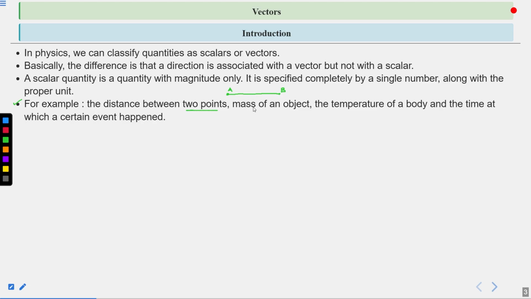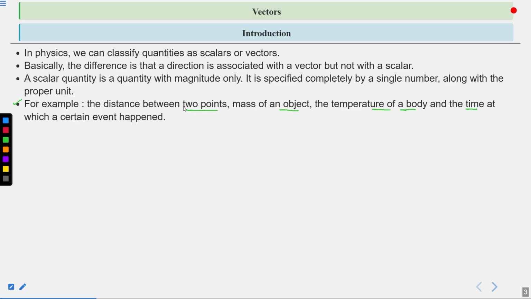Another example is the mass of an object, the temperature of a body like 10 Kelvin, 5 Kelvin. 5 shows the magnitude and Kelvin is the unit of temperature, and time. So these are examples of scalars: distance, mass of an object, temperature, and time.